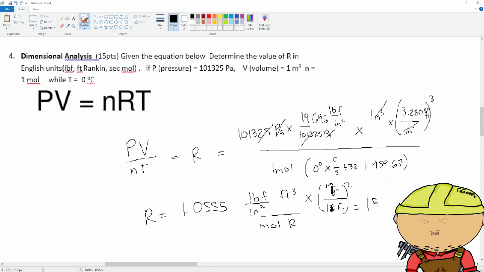We get 151.992 pound force feet over mole Rankine. And that is the value of the ideal gas constant in pound force feet per mole Rankine.